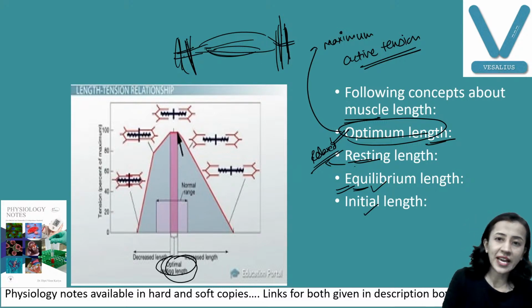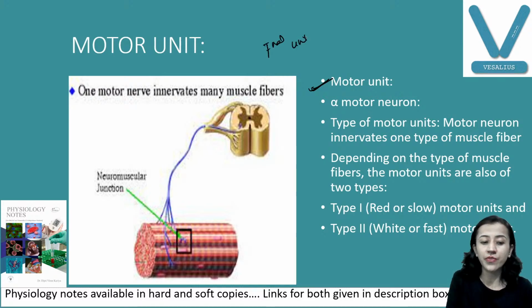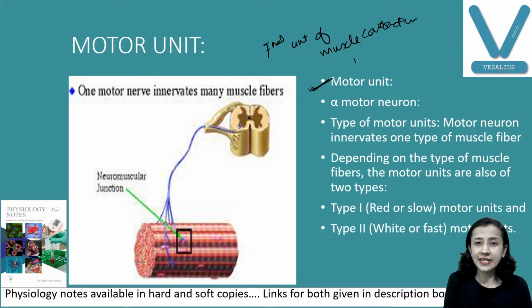Now the next topic we will discuss, a very important one, is the motor unit. What is a motor unit? Define motor unit; many times this may be asked. Motor unit means the functional unit of muscle contraction in the intact body.